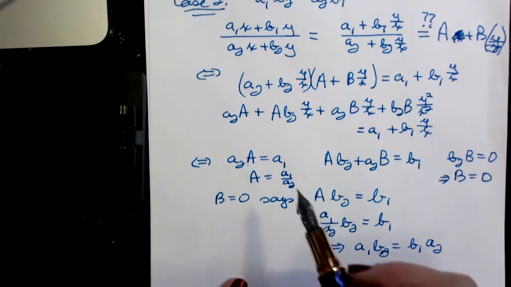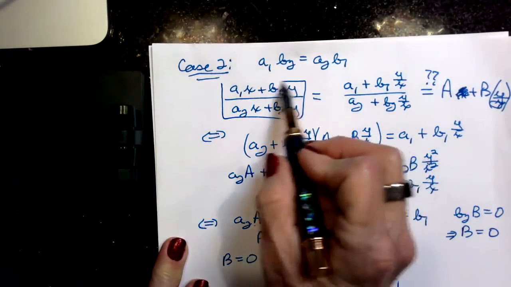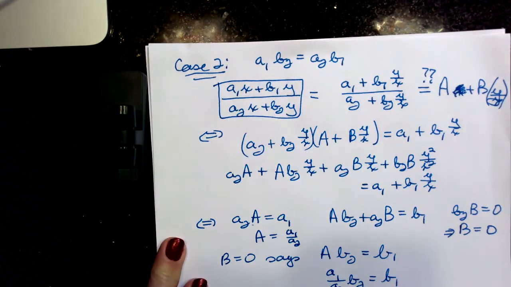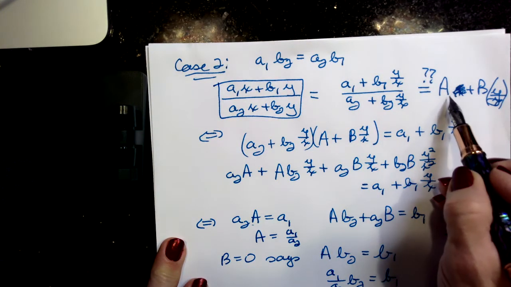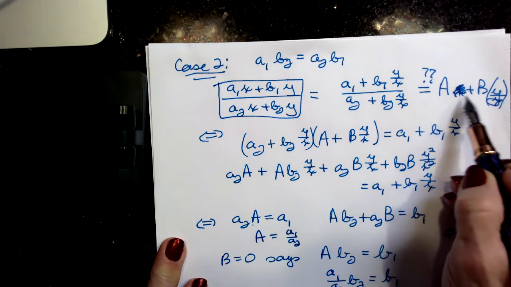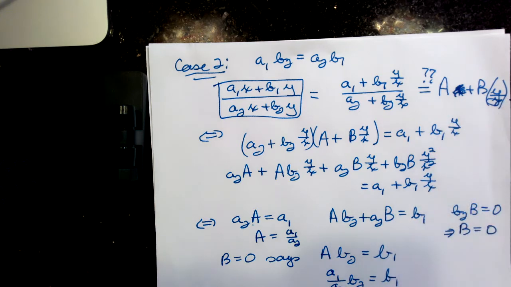If this is true, then I can write the right-hand side of my equation 2 as a single function, a plus b times y over x.